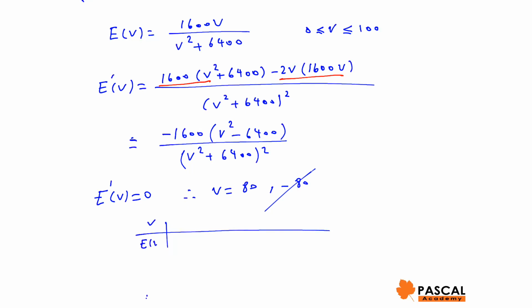E(V) at 0 is 0, at 80 it is 10, and at 100 it is 9.756. Efficiency is maximized when V is 80 and its maximum is 10.